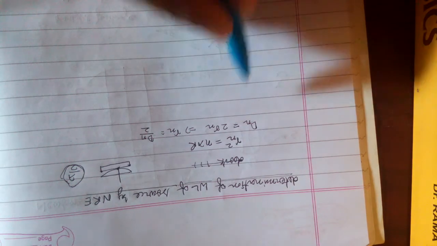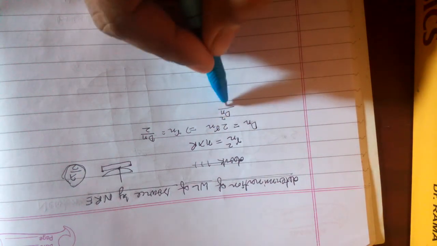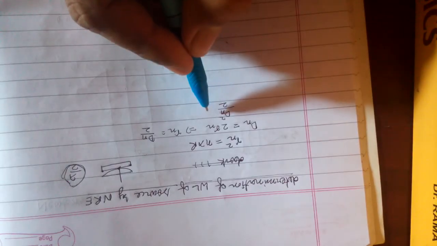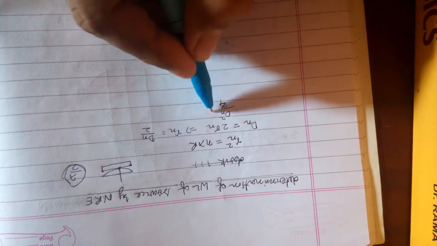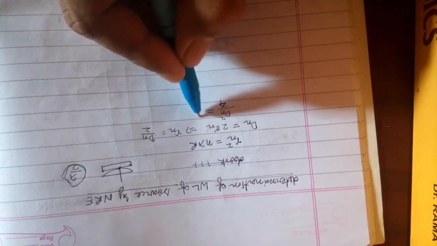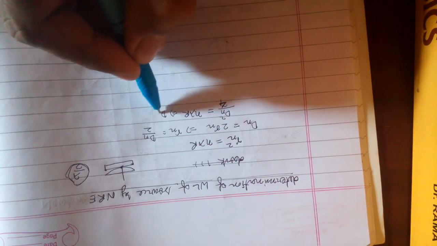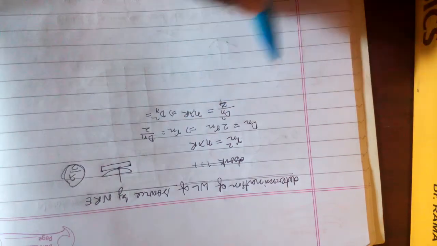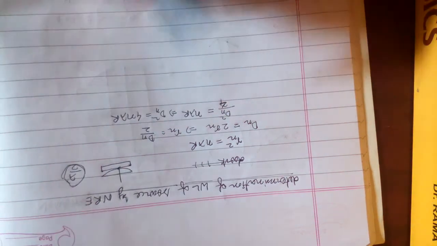If we put r_n equal to D_n by 2 here, D_n square divided by 4 is equal to n lambda by R. So now D_n square, if we cross multiply, is 4 n lambda R.